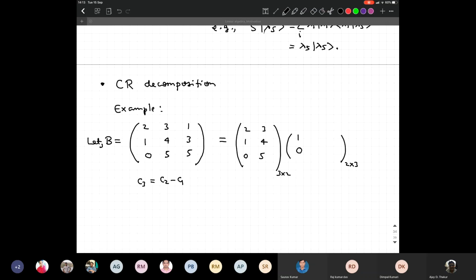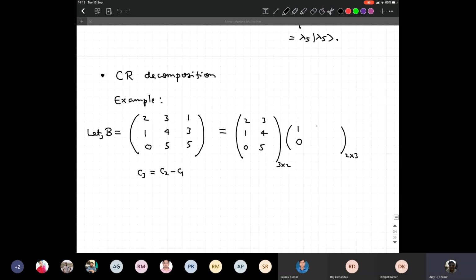B12 is 3, so this should better be 0, 1, right? And the third one is better represented as -1, 1. So we are able to straightforwardly decompose this into a product of a column matrix and a row matrix.